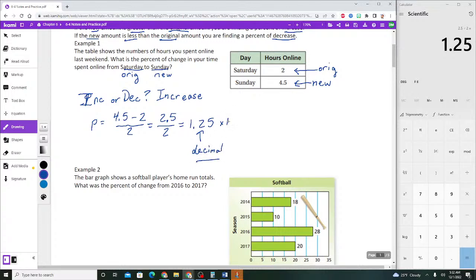So we're going to multiply this by 100 to get 125%. So the time spent online on Sunday is a 125% increase.